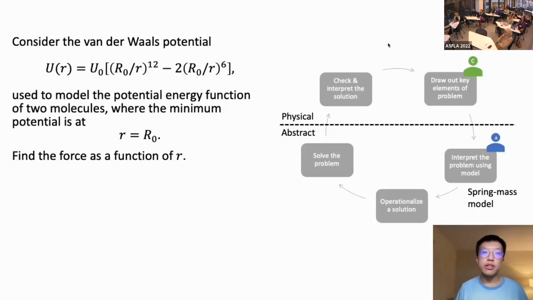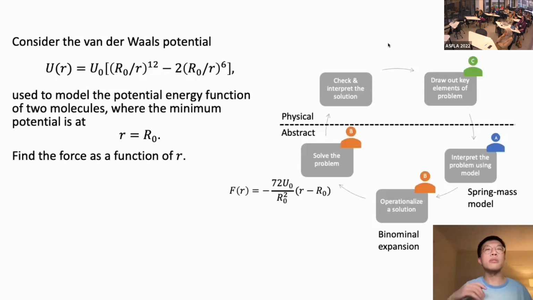He also connects to the real concrete physical problem. Now, Banqiao comes out. He's good at using visual modes, good at analyzing the problem with graphs. He operationalized a solution, basically using binomial expansion to expand the potential around the minimum potential position. And after expansion, he did some calculation using the definition of force and potential energy to compute the force.